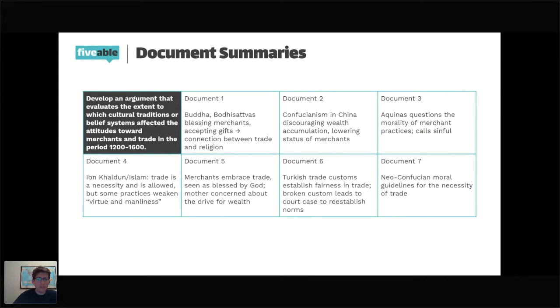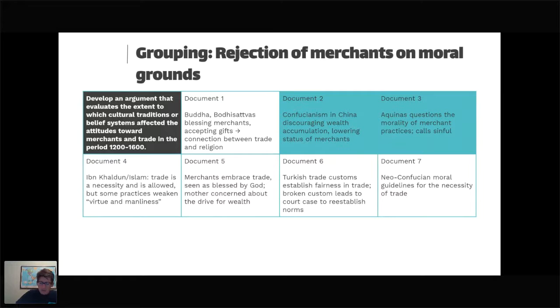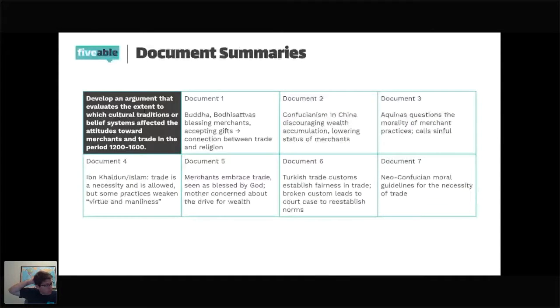Oh, sorry, went too fast. Ignore that. Document 4 is from a Muslim scholar, Ibn Khaldun, very famous medieval Muslim historian. And in this document, we have a middle ground almost. This idea that trade is a necessity that is allowed, and certainly we might want to think about the context of the development of Islam and the importance of trade in Muslim communities.